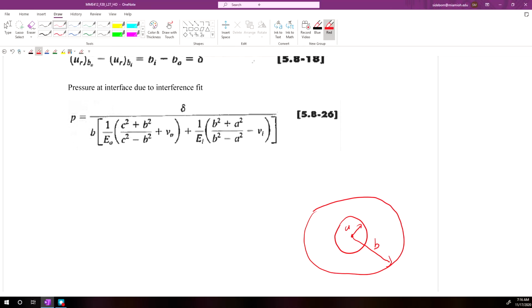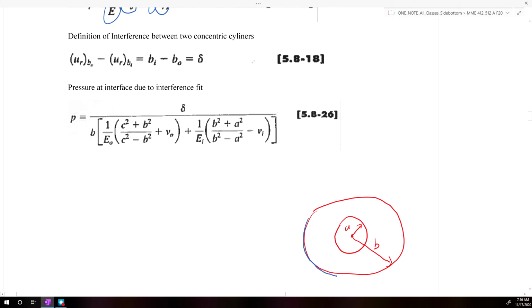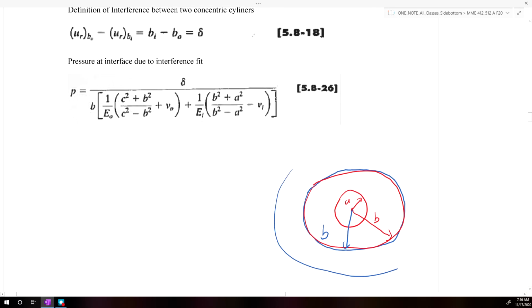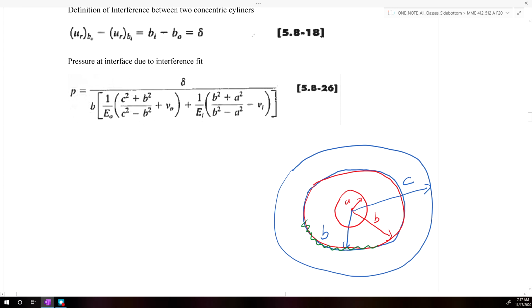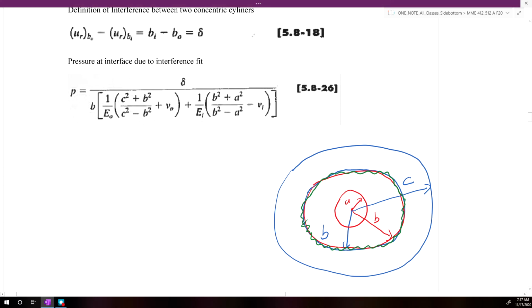Then our outer cylinder would have an inner radius of B and an outer radius of C. Now, the interference between these cylinders: if the inner radius of the outer cylinder is less than the outer radius of the inner cylinder, in order for these two cylinders to fit together, there needs to be an applied displacement.